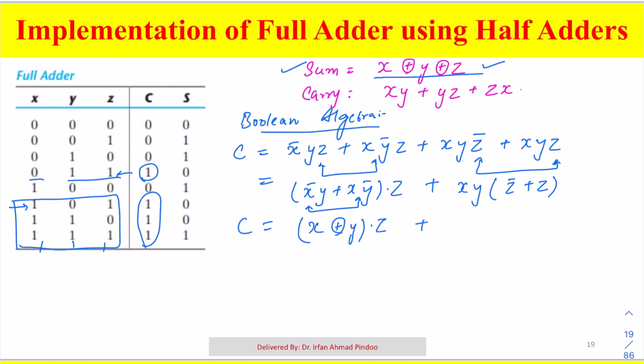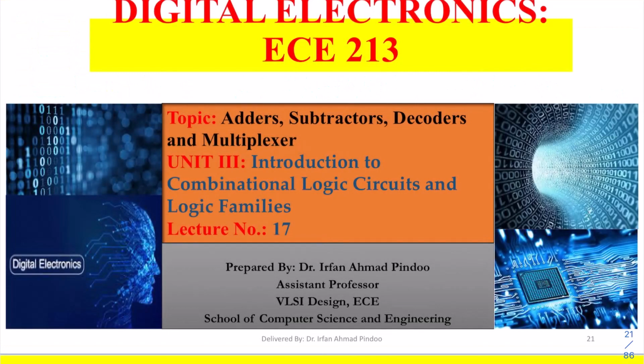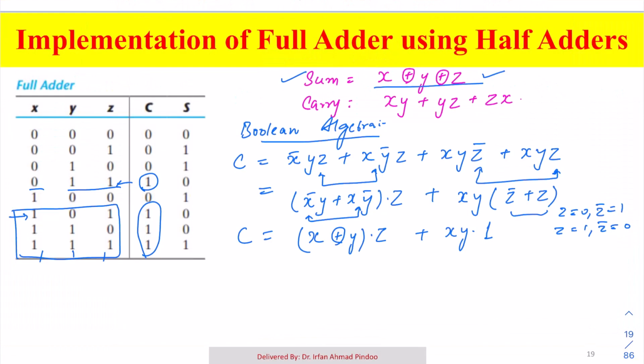Then z bar plus z, as per Boolean algebra, is always equal to 1. This is very logical, because both are complements of each other. If z is 0, then z bar has to be 1, and if z is 1, then z bar has to be 0. So in both the cases, while adding the two values, it will be like 1 plus 0 or 0 plus 1, which is always equal to 1.